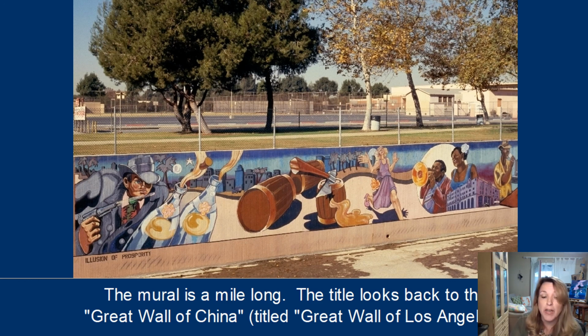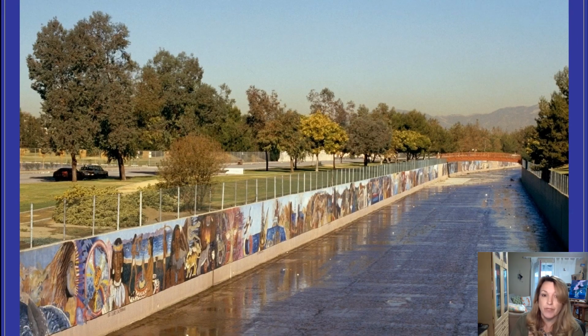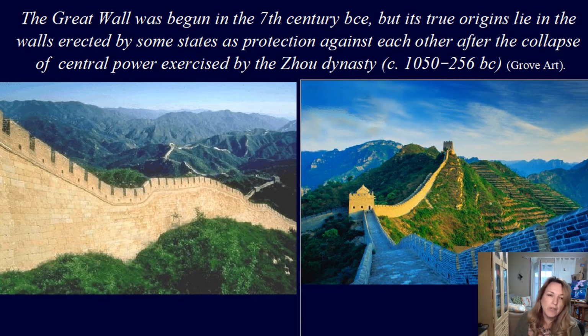And so the title refers to the Great Wall of China, but this is the Great Wall of LA. Again, it's a mile long. Again, one of the themes of Judy Baca's work. And of course, the title refers to the Great Wall of China, 7th century before Common Era. An incredible landmark, supposedly visible from space. So huge, huge architectural structure.